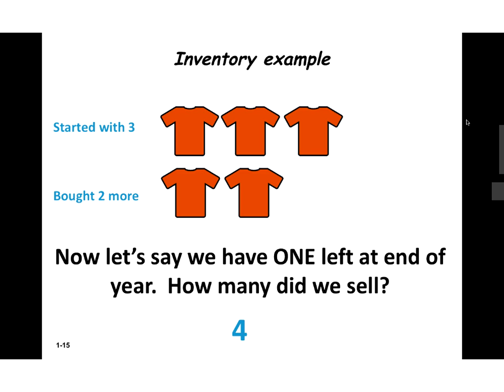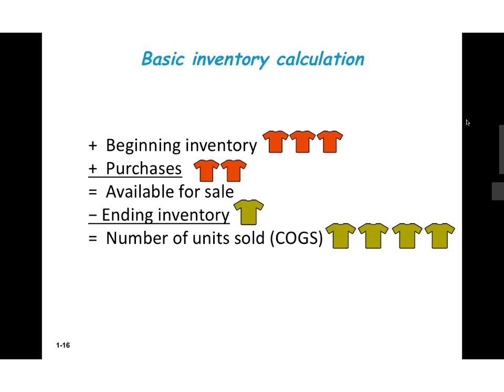So we have 4 sold, right? Because we know we have 1 left. So that's the same way of looking at what we just talked about. So we can do that same formula and just switch these last 2 items. We could swap either one of these if we're looking for the other.